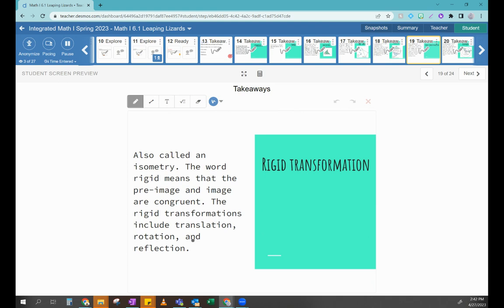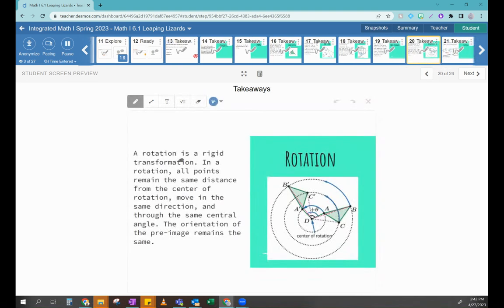The rigid transformations include translation, meaning slides, rotation, meaning turns, and reflection, meaning flips. A rotation is a rigid transformation. In a rotation, all points remain the same distance from the center of rotation, move in the same direction, and through the same central angle. The orientation of the pre-image remains the same.